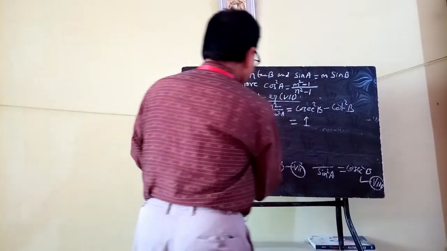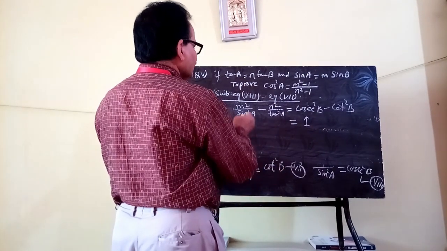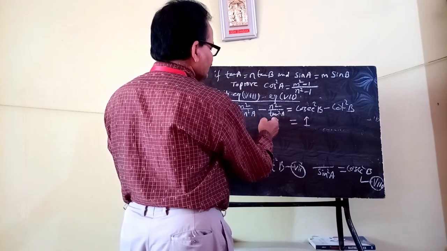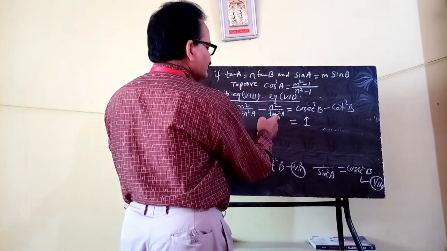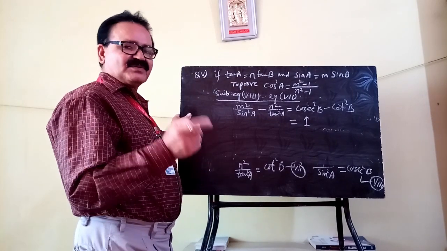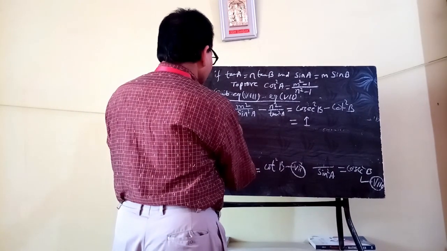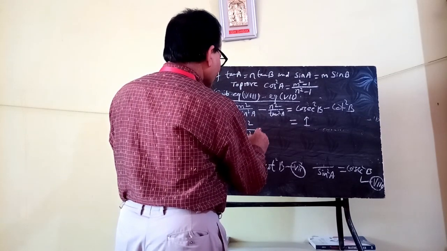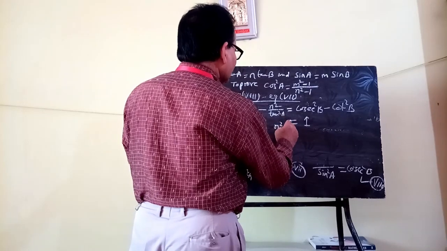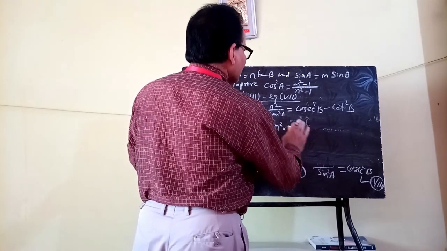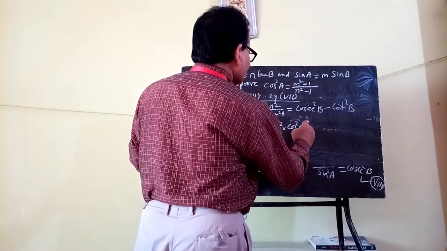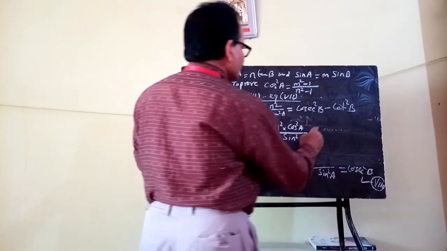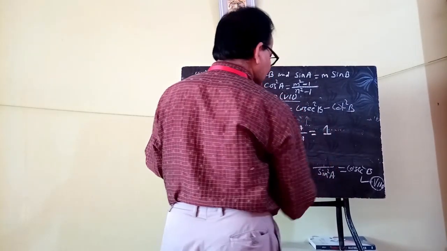Now here you do one thing. This is m square by sin square A, and this much is n square by tan square A. You convert this tan in terms of sin and cos. So further you can write it as m square by sin square A minus n square into cos square A by sin square A, then equal, in the RHS it is 1.